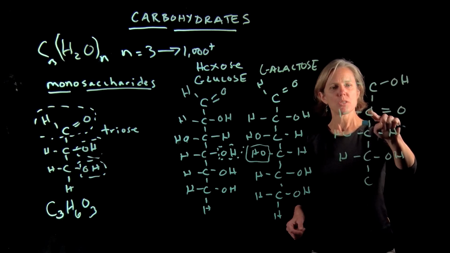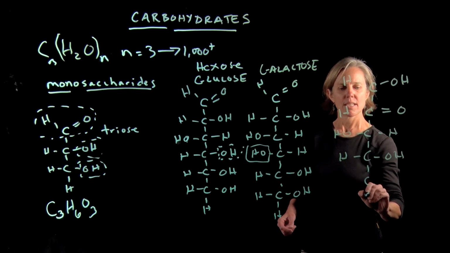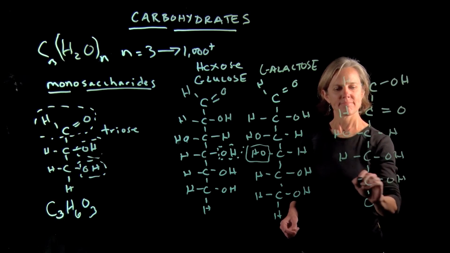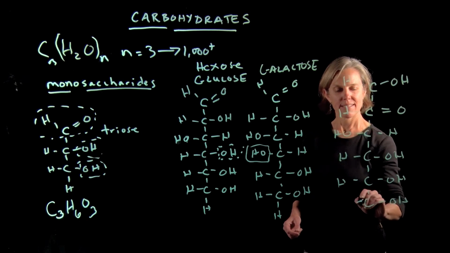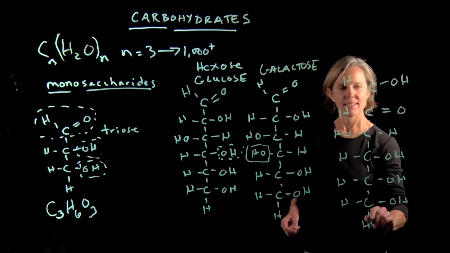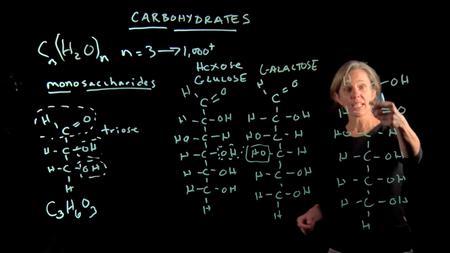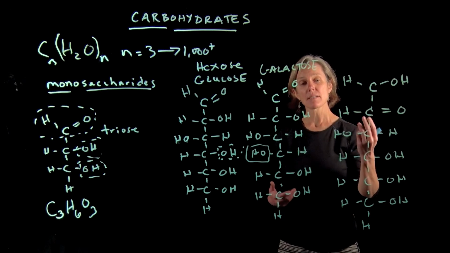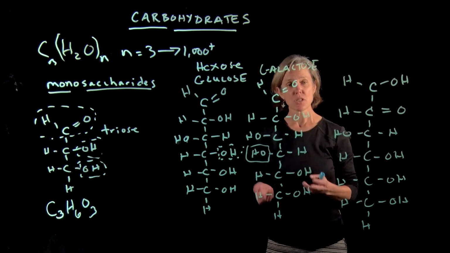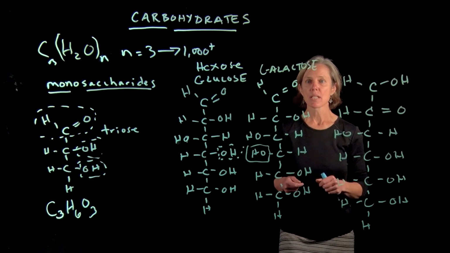I have 6 carbons. 1, 2, 3, 4, 5, 6. Okay, so now we've put the carbonyl at what's called the second carbon. I should have mentioned that the carbons are numbered in carbohydrates, starting with the carbon that's closest to the carbonyl group.